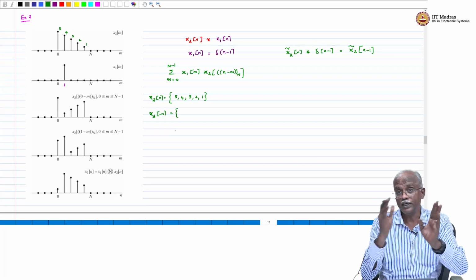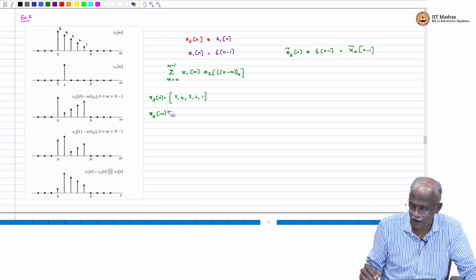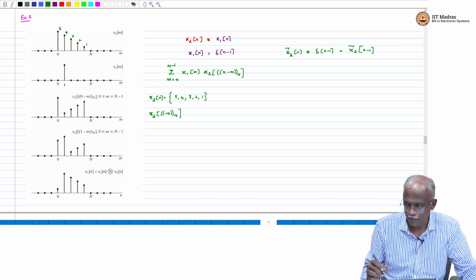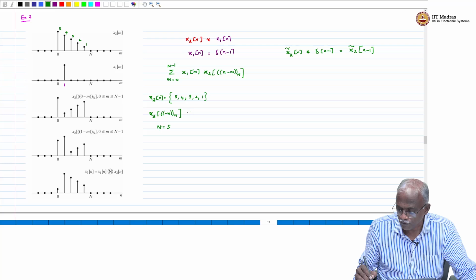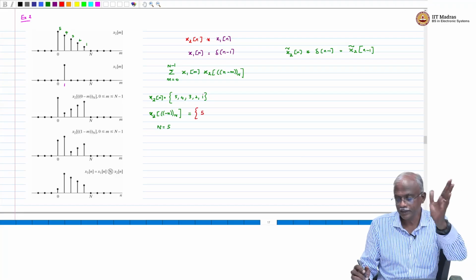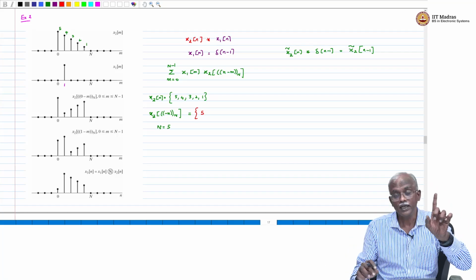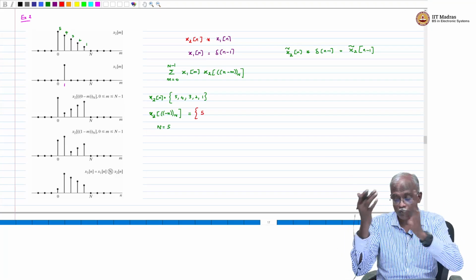Basically we have to interpret all of these values in terms of the modulo representation, minus n modulo n. Take n equal to 5, modulo 5. The 0 valued sample will remain as is, x of 0 same as x of minus 0. x of 1 will be the same as minus 1, which is 5 minus 1, which is 4.